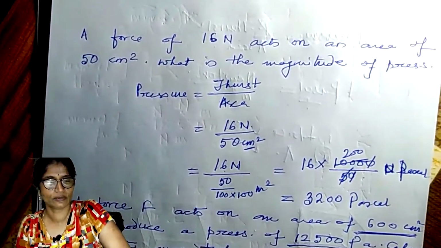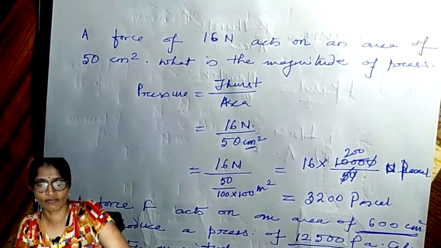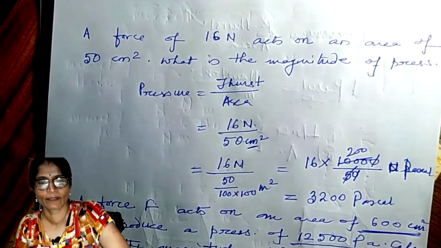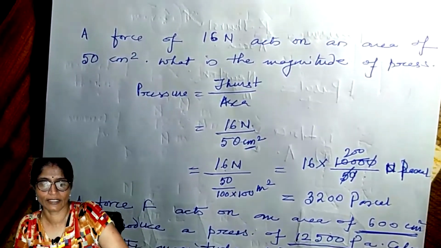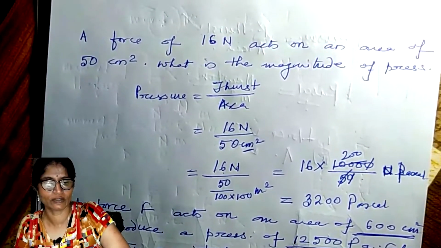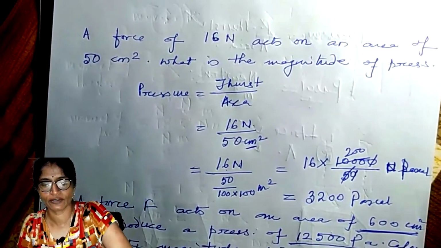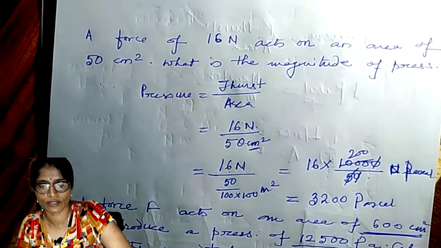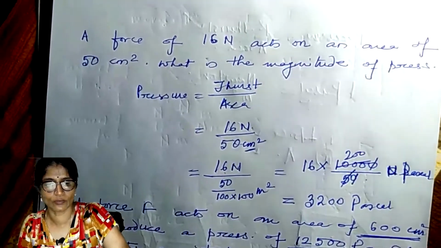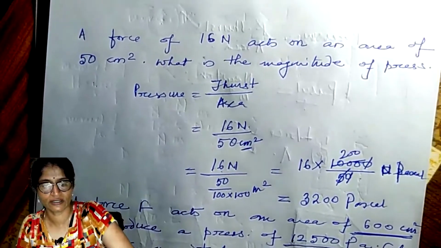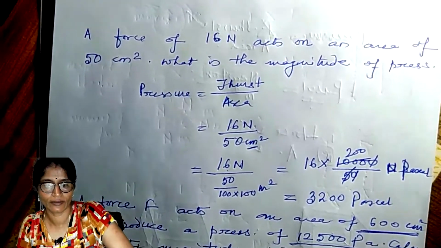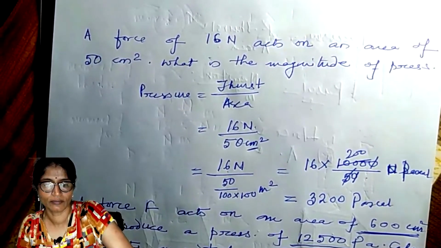So this is equal to 12,500 Pascal. Pascal is what? Pascal is Newton per meter square. So Newton per meter square into area, 600 divided by 10,000 meter square.